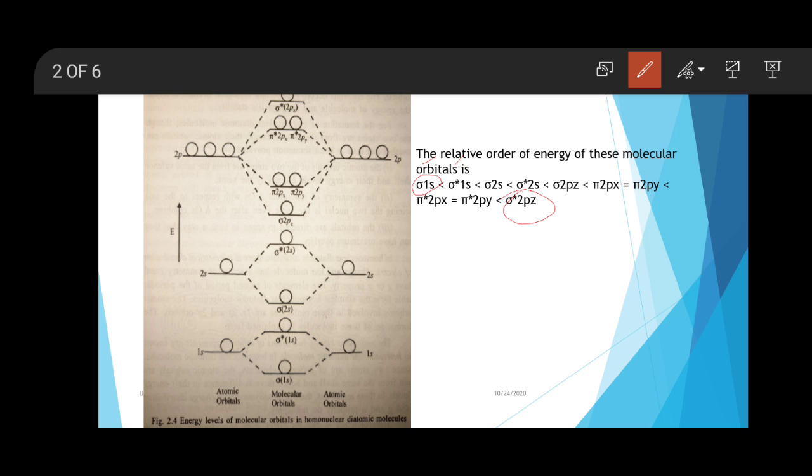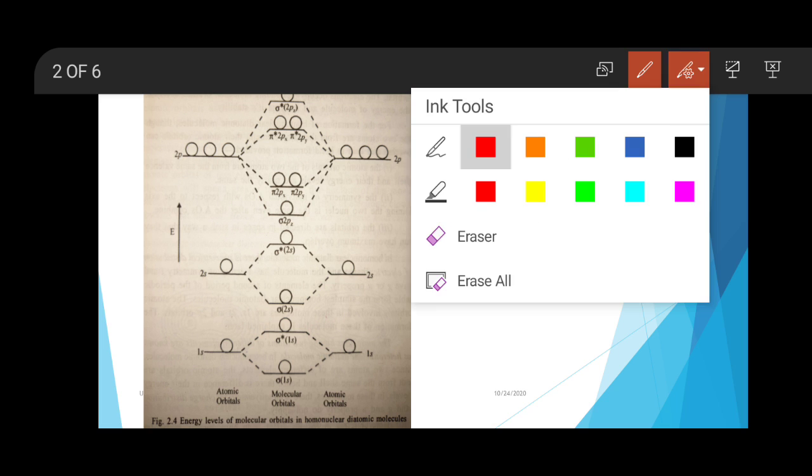So there is an increasing order of energy as you go from sigma 1s to sigma star 1s, then sigma 2s to sigma star 2s, then sigma 2pz to pi 2px. Pi 2px and pi 2py both have the same energy, then pi star 2px and pi star 2py also have the same energy. So this is how orbitals are arranged in an MO diagram. So keep all these things in mind.